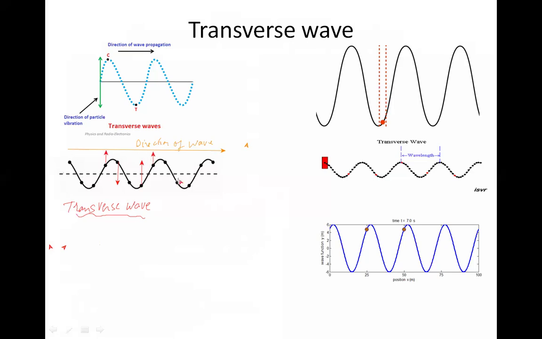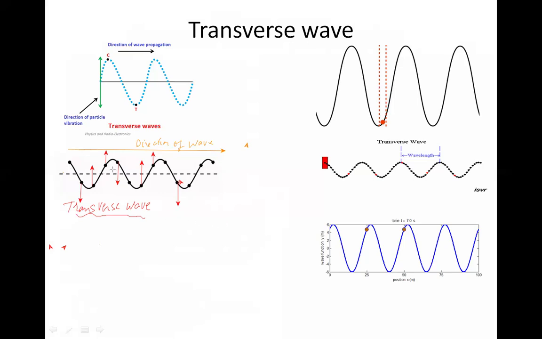This one is moving downward. Particles of the medium, here a rope. Rope is a medium, or it may be water. So particles are moving up and down, but the wave is moving from left to right.